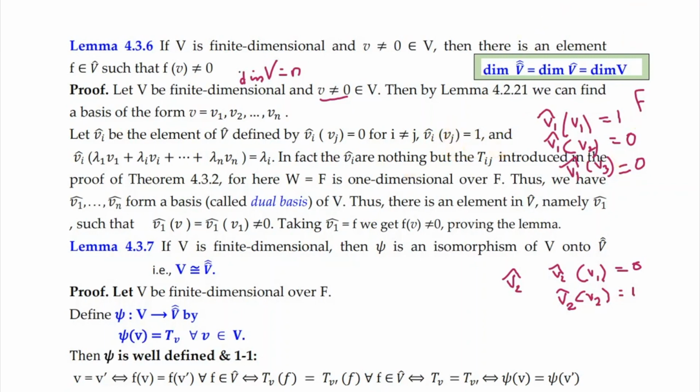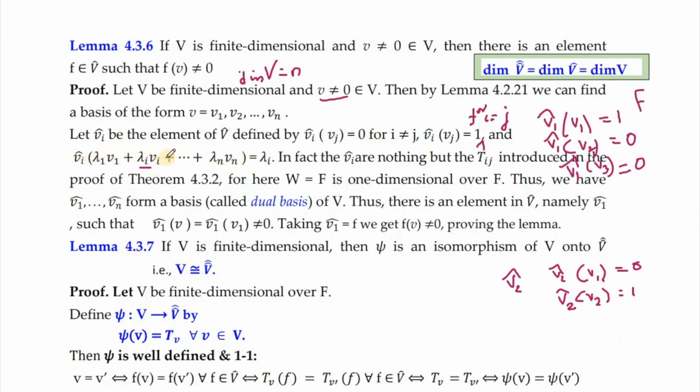Here you have to write for i equal to j, which was missing. Now when we consider a general element, what will be the image? Lambda i, because only when these two are the same, this one will function.